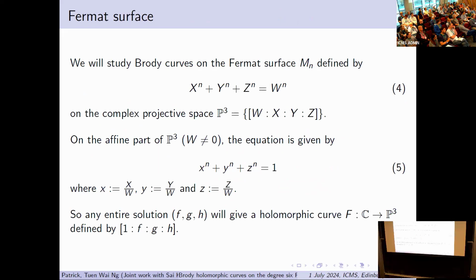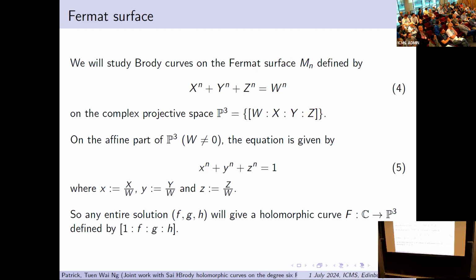Now I'm going to again study this problem, but this time in terms of some geometric terminology. So I will consider the so-called Fermat surface, which I'm going to denote by Mn, and it will be given by this equation here.